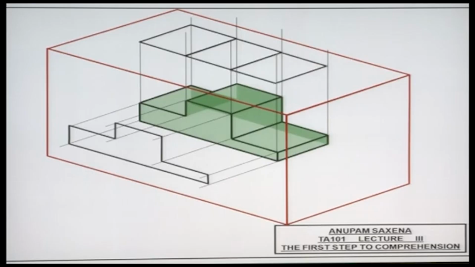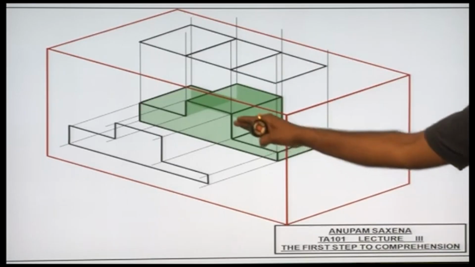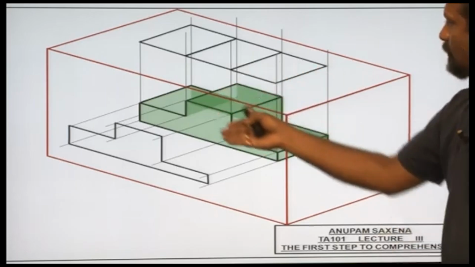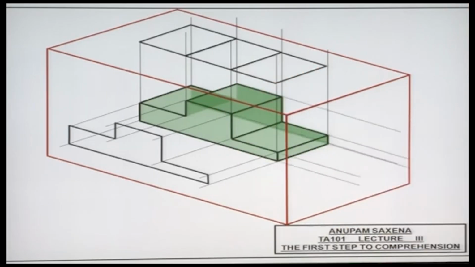And in case the light is parallel to this edge from this box, essentially you will be having this big loop getting captured, the smaller loop getting captured.